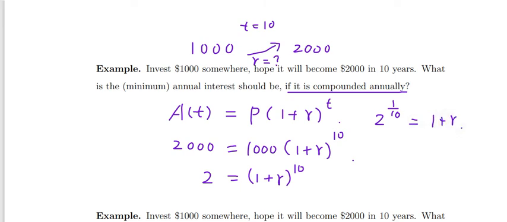Right? Okay. So r equals this number. We can also say this is 2 to the 0.1 power, minus 1. So you calculate this number, 2 raised to the 0.1 power.